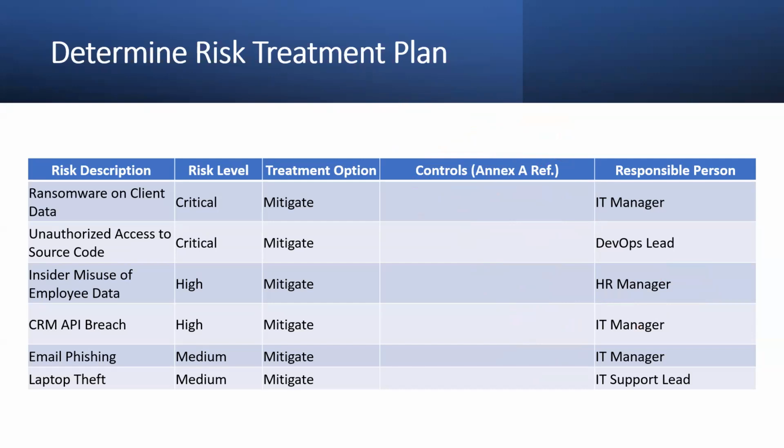So why do we maintain this risk register? Anyone have any idea for that? You get a structured record. We are centralizing the risk tracking. It gives you a single source of truth where all the risks, the status, and the treatment plans are recorded. You can track asset-specific threats and vulnerabilities.